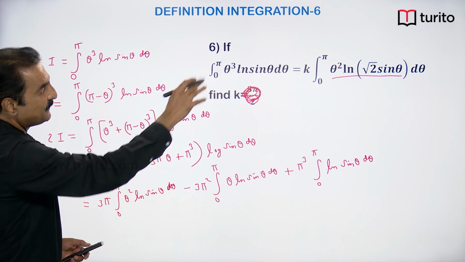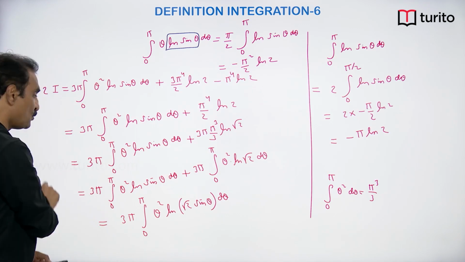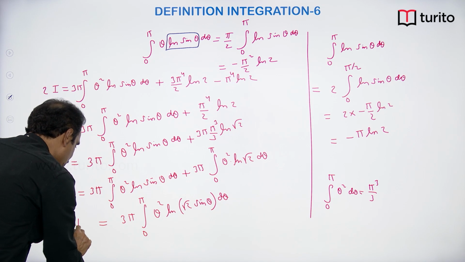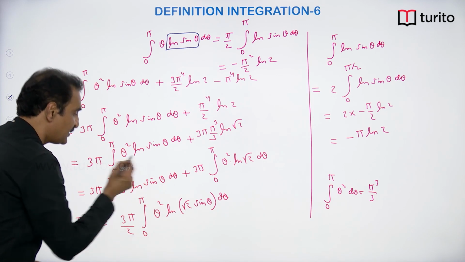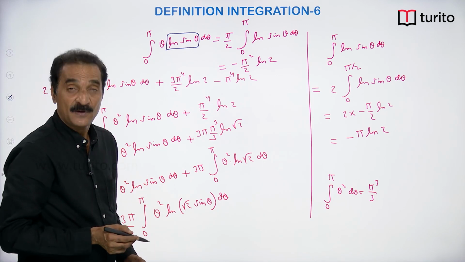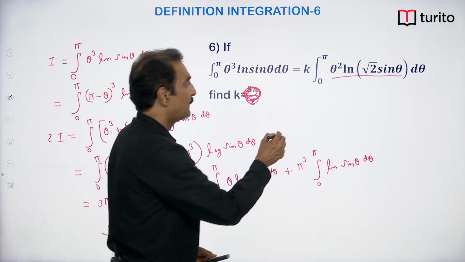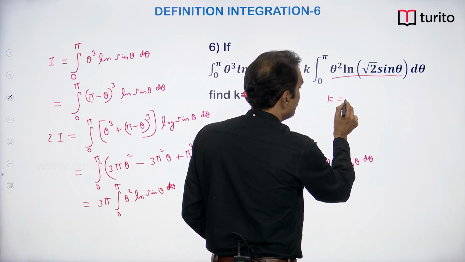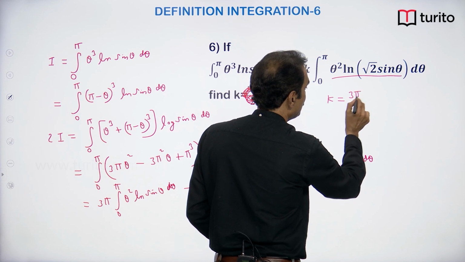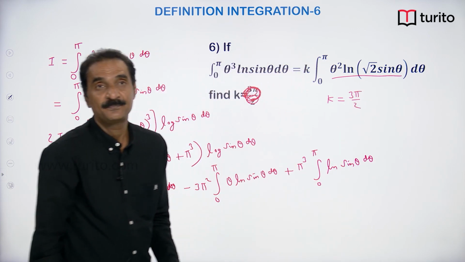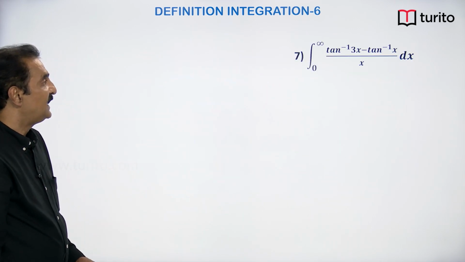Okay, now we got it in the form of the RHS. This is 2I. So, I is equal to 3 pi by 2 into this integral. So, the value of k is 3 pi by 2. Okay. Next question.